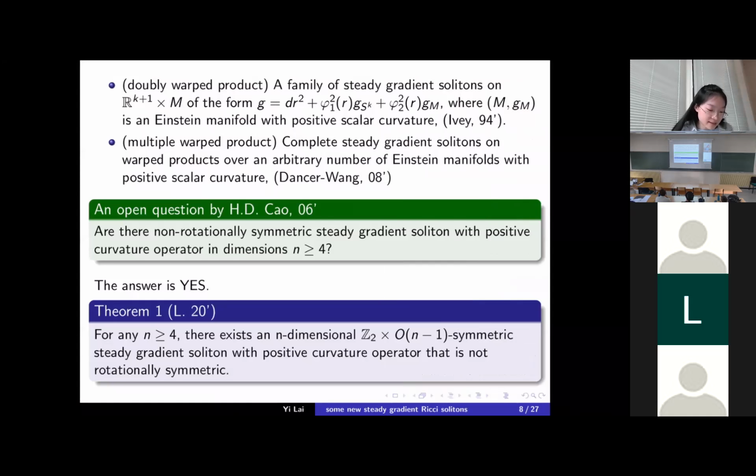It says that we find such solitons, and we can even show that they have Z2 cross O(n-1) symmetry, and so they have positive curvature operator and they are not rotationally symmetric. I'm going to give you a picture of these solitons at the end of this part, but let's just move on right now.